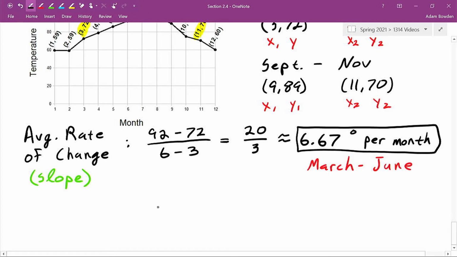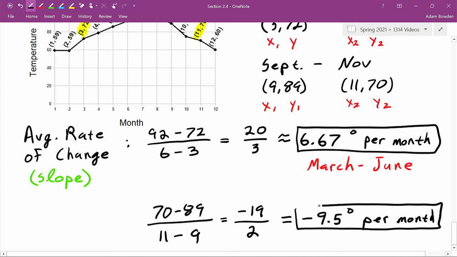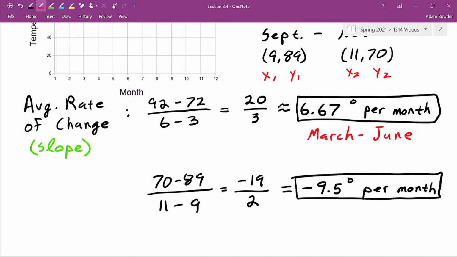And if we calculate using those numbers, we're going to get 70 minus 89 divided by 11 minus 9, which comes out to be negative 19 over 2. And when I divided those, I came out with negative 9.5 degrees per month, which makes sense since the temperature is declining between those 2 months.